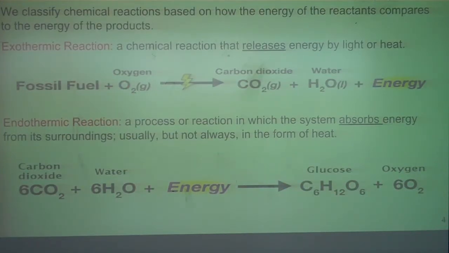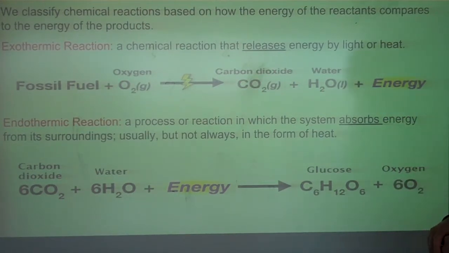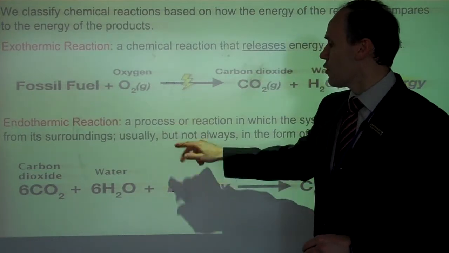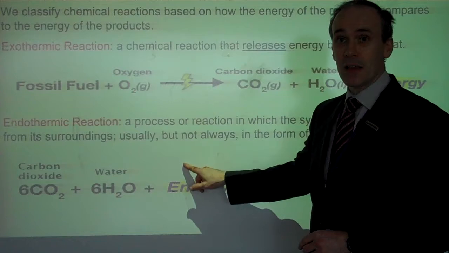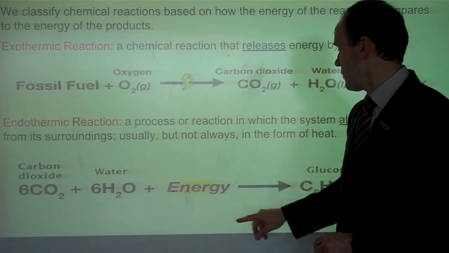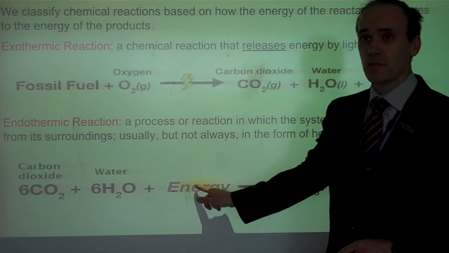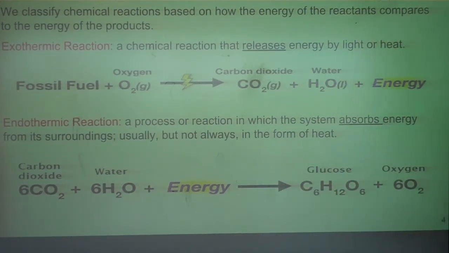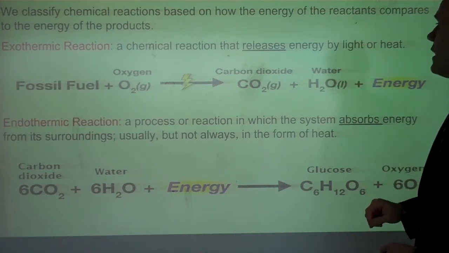Okay. Again, exothermic reactions, and you can see here energy being output in this particular case, whereas in an endothermic reaction, energy from the outside environment, maybe as sunlight, is pulled in here. This is sunlight, no ifs or buts. That's photosynthesis, your best example of a naturally occurring endothermic reaction. Exothermic reactions release energy as light or heat.